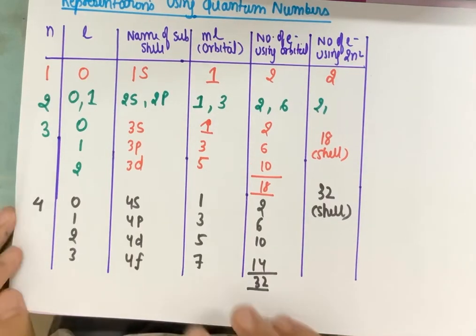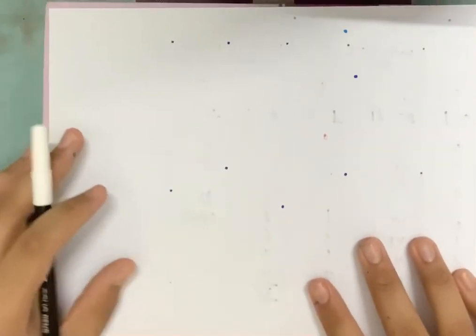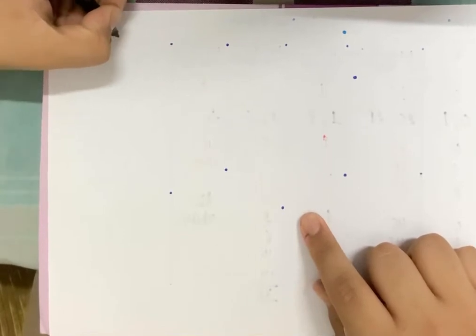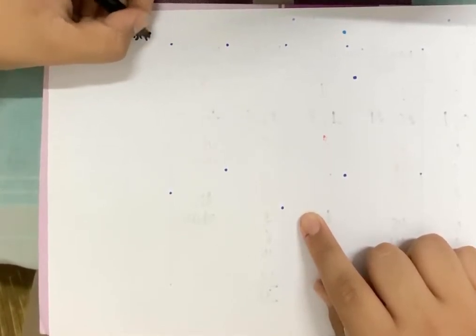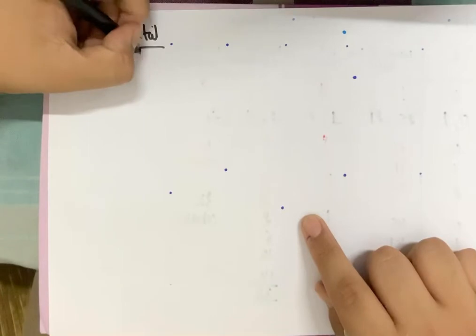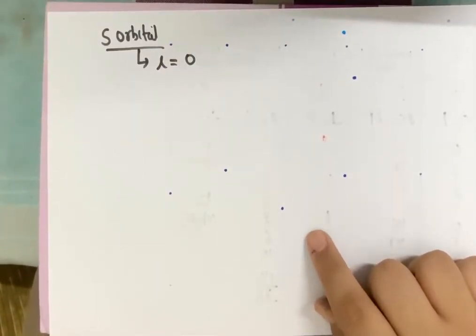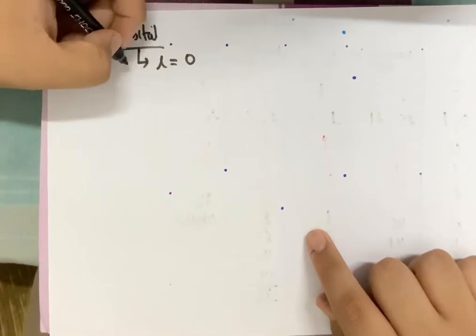Okay. So now in my next topic, let me talk about your SPDF orbitals in detail. तो सबसे पहले बात करते हैं s orbital की. When I talk about s orbital का L value is 0. This determines the s orbital. So hence this is in general I am summing up.